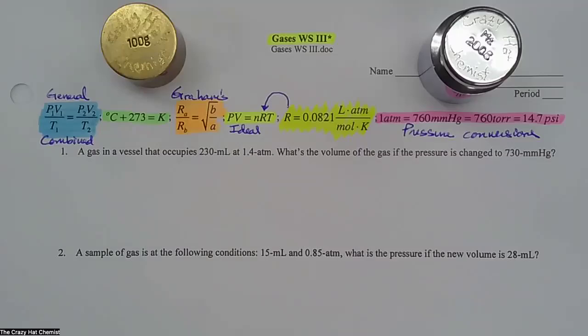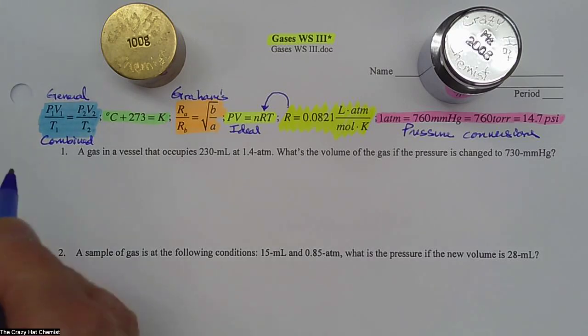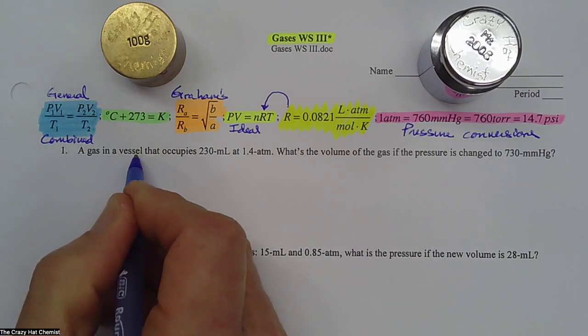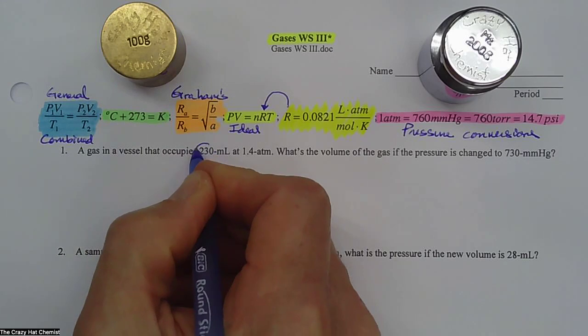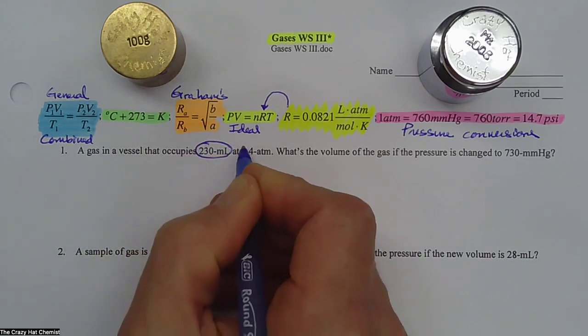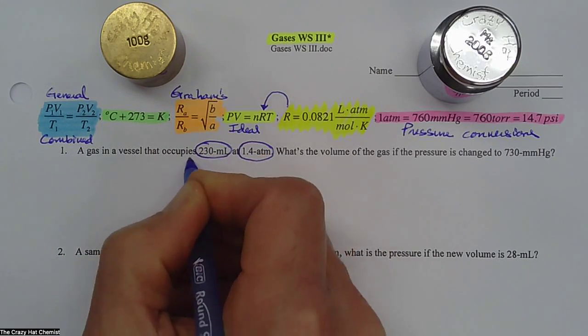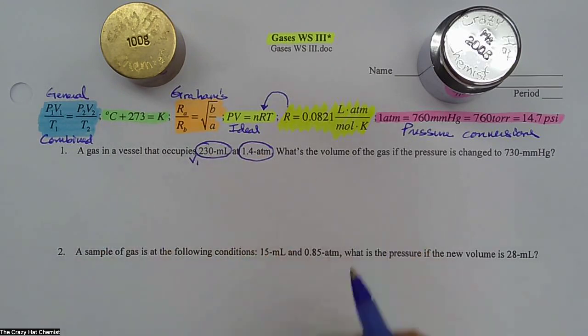All right. Awesome. What we're going to do here is plow through our next problem, and this is number 1. It says a gas in a vessel that occupies 230 milliliters at 1.4 atmospheres. This milliliters lets me know it's a volume, the first volume I'm coming across.